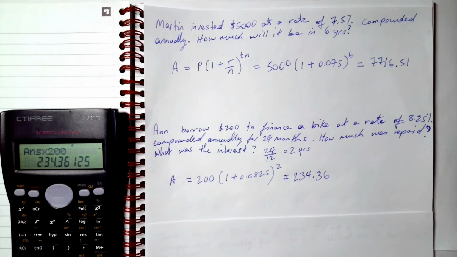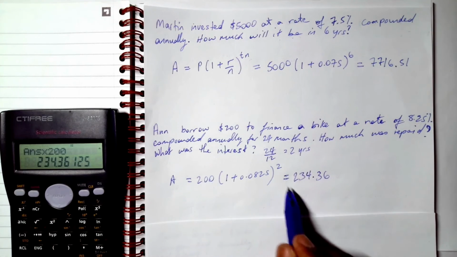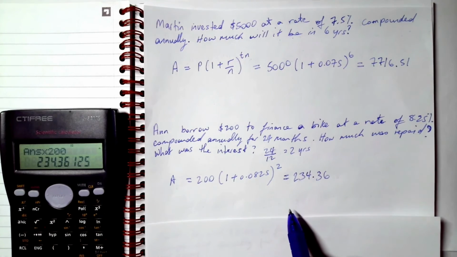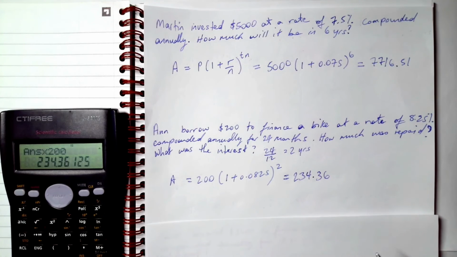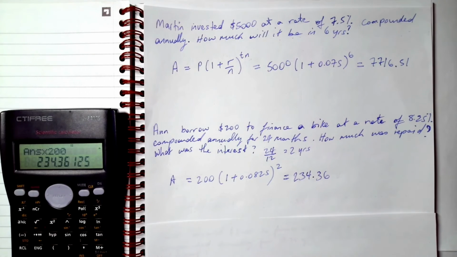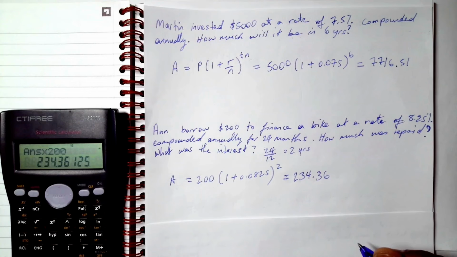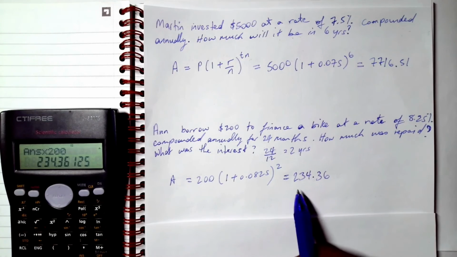Now, what's the interest? Anne's going to repay this. When doing simple interest, we noted that there was a formula to calculate the interest by itself. However, with compound interest, there's not such an easy formula, so we have to do it the old-fashioned way, by subtracting the principal from the accumulated amount.